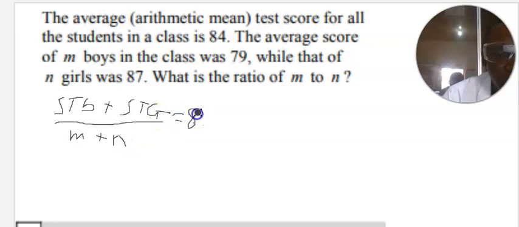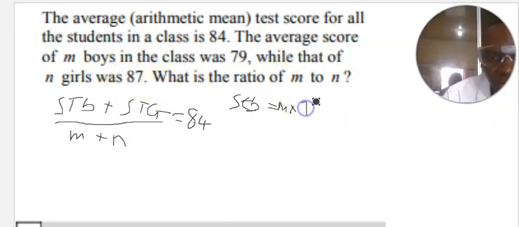So this will be equal to 84. That's the mean. Remember that mean is the summation all over the total number present. So that's it: the sum of test score for boys plus the sum of test score for girls. Now the sum of test score for boys can be equal to M times the mean for boys, which is 79.